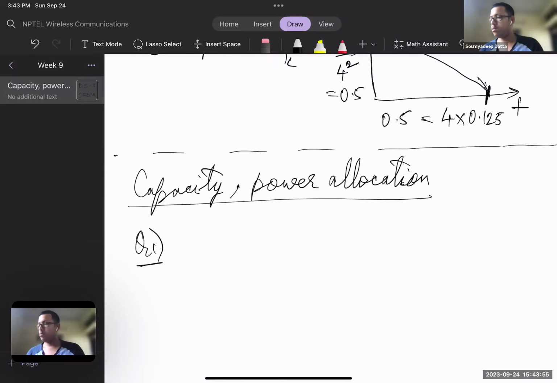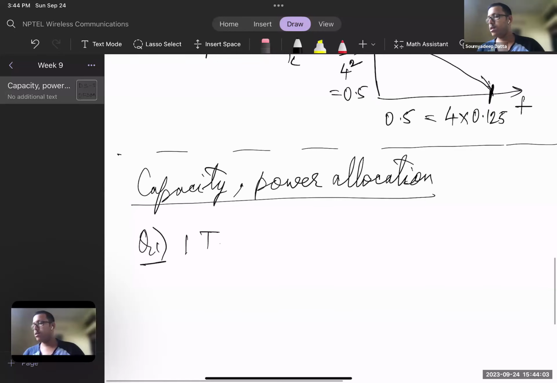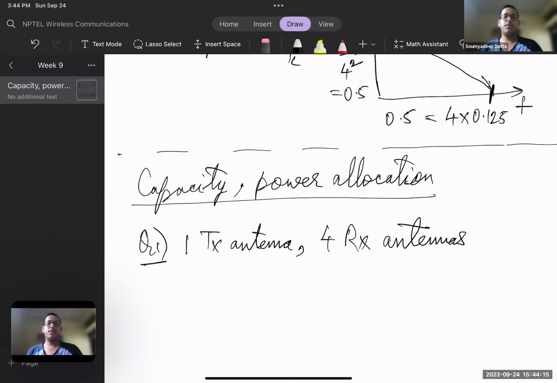Okay, so let's say you're told that you have a system with one transmit antenna and four receive antennas.